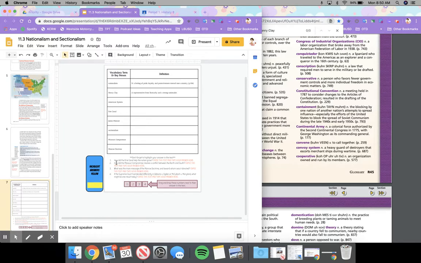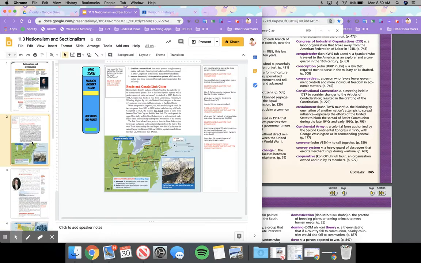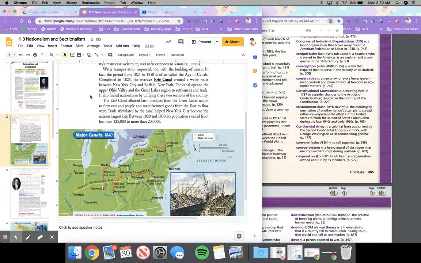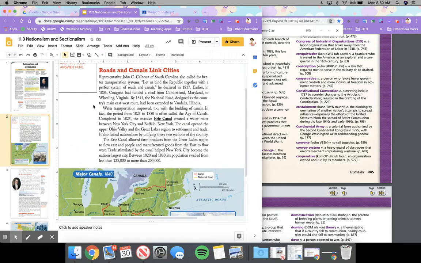So the first question is, how did the Erie Canal help the nation grow? So I'm going to go back up to where it's talked about the Erie Canal, which is right here. It says, and let me make my information bigger. It says water transportation improved too with the building of canals. In fact, the period from 1825 to 1850 is often called the Age of Canals.